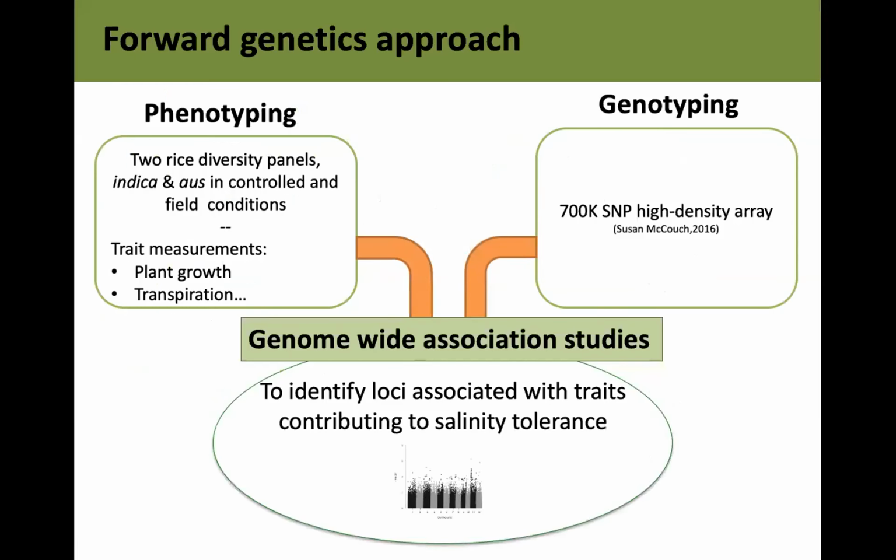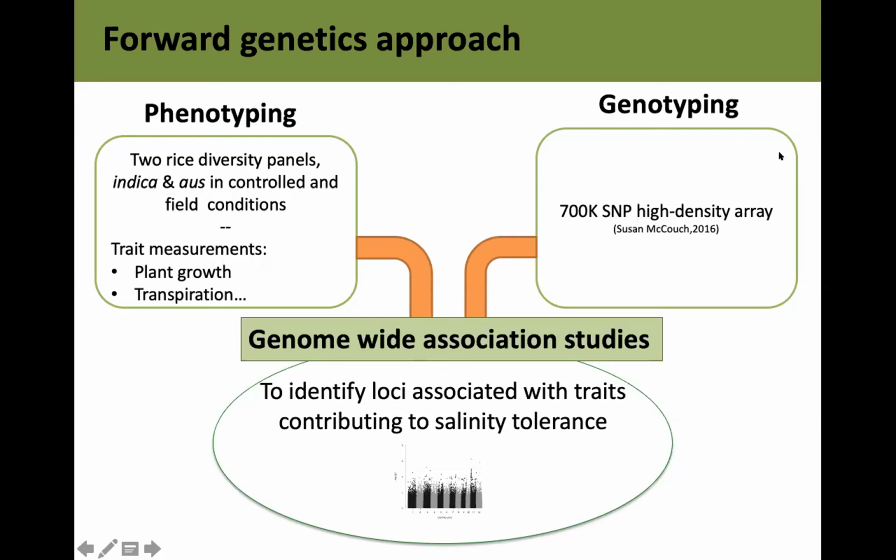So in my studies, I use a forward genetics approach. So we have 2 main types of data. We have the phenotyping, and I phenotyped 2 rice diversity panels that I'll go on further in the next slides, the indica and aus panel, in controlled conditions. Today I'll mainly be talking about controlled, but I did study them in the field as well. And I'm looking at certain traits of interest.